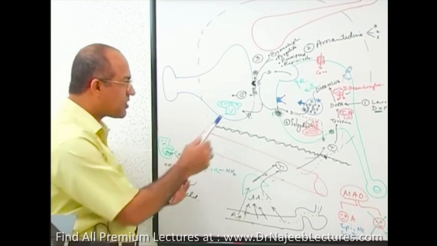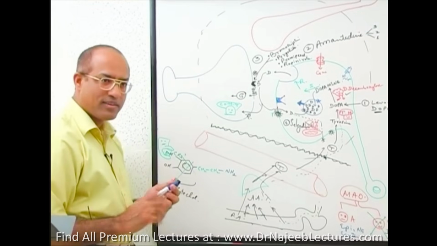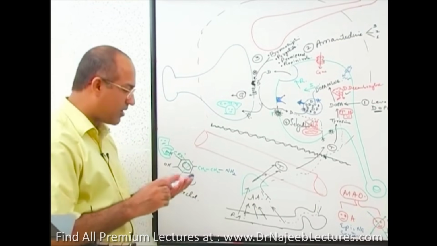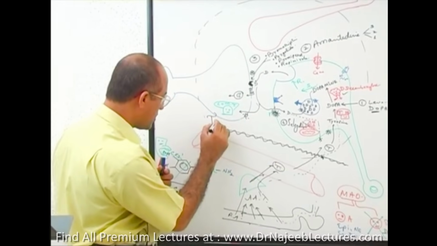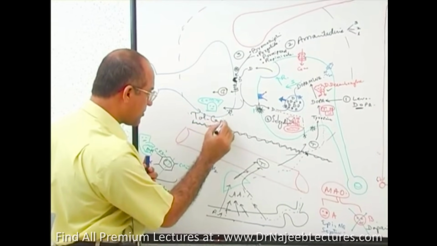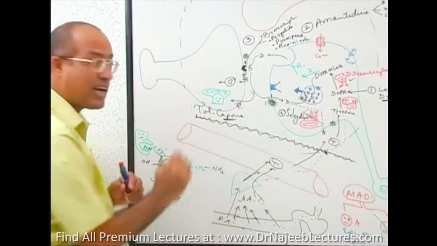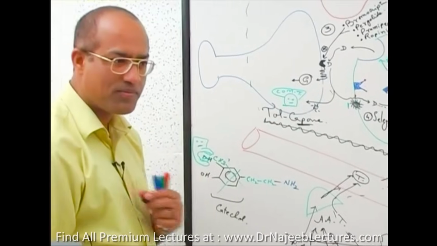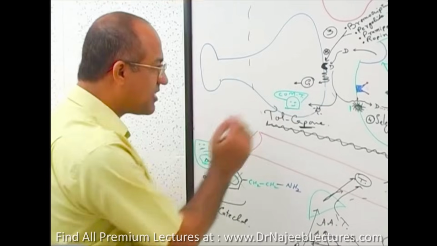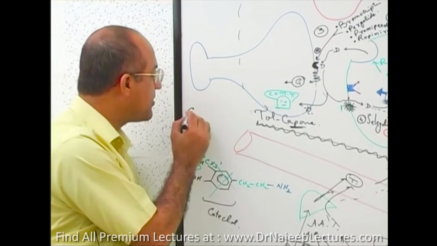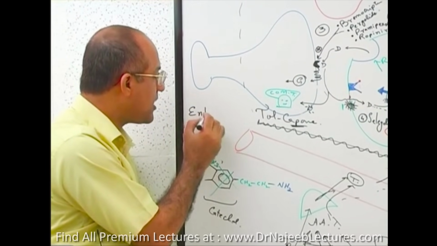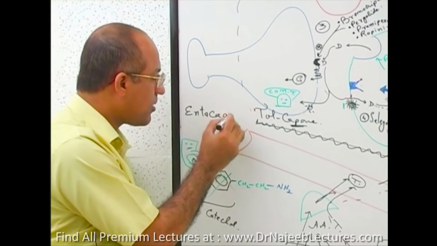For example, the drugs which inhibit the catechol O-methyl transferase are called Tolcapone. Another drug like this which does not act in the central nervous system but in the periphery is called entacapone.